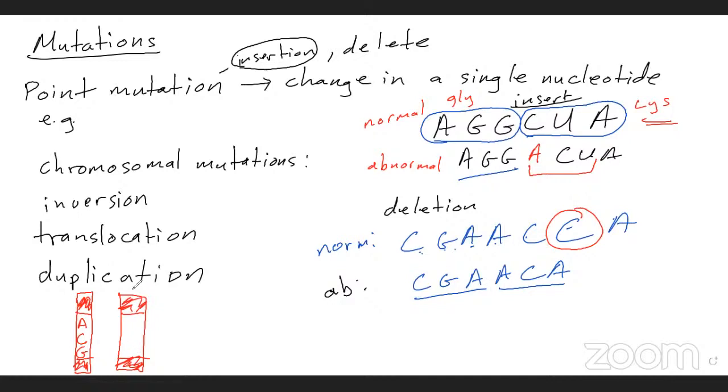So ACG becomes G up here, C and A, right? So it's just the opposite. So just flip it 180. So ACG becomes GCA.